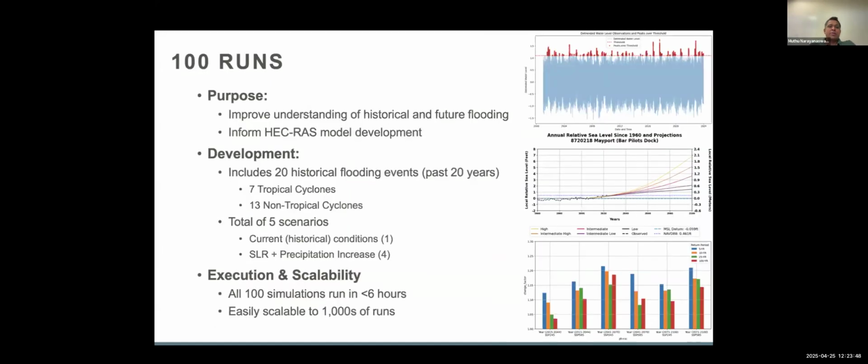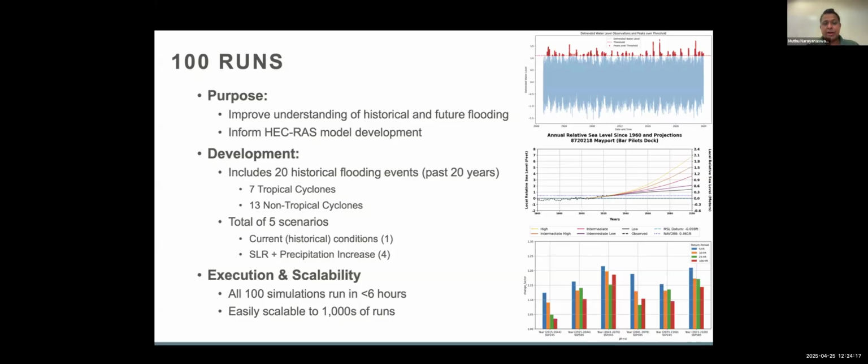Then we wanted to look at flooding hotspots in the city. So we took 20 historical events from 2008, about 7 TCs and 13 non-TCs. We used Princeton-developed downscaling for precipitation for a variety of future conditions. We analyzed that data and picked 2 different precipitation changes and 2 different sea level rise changes.